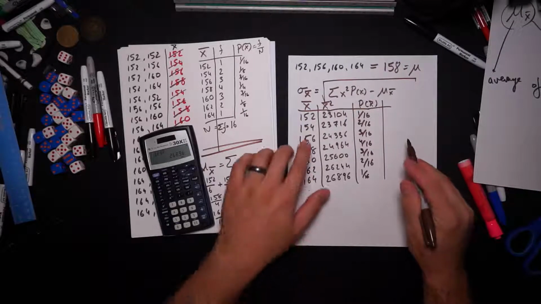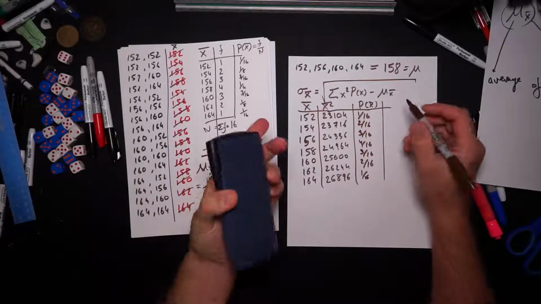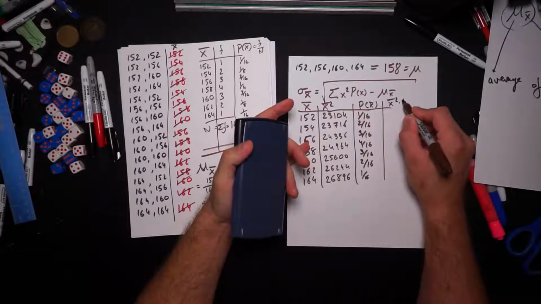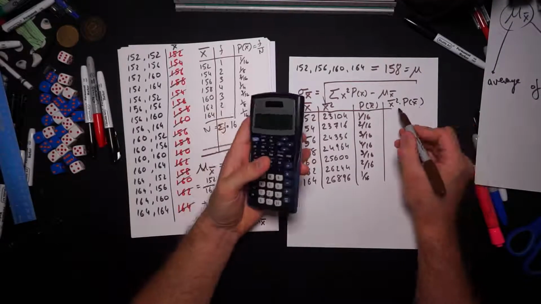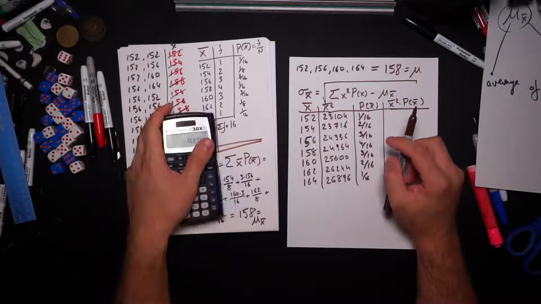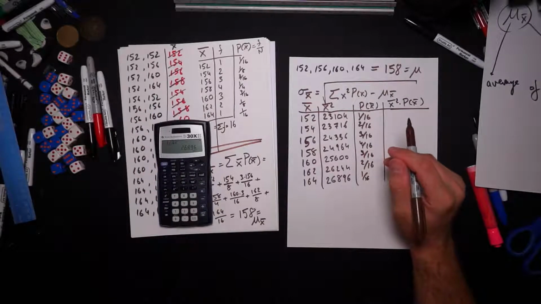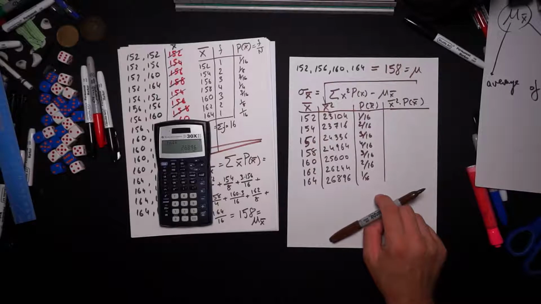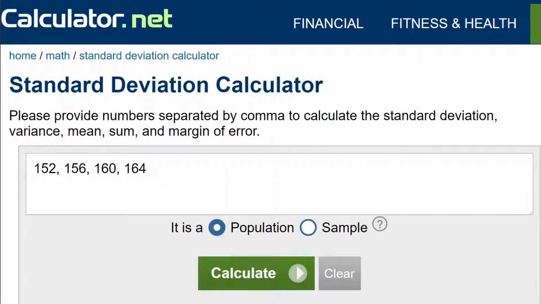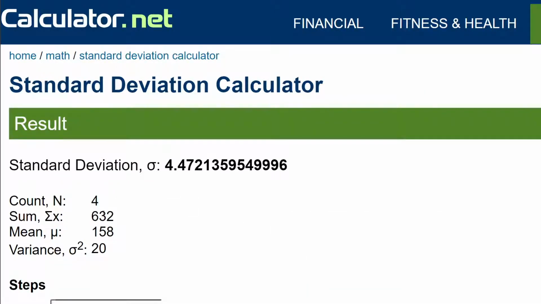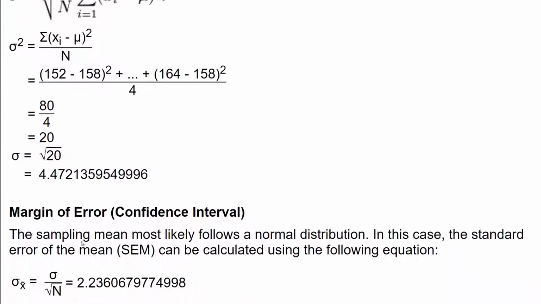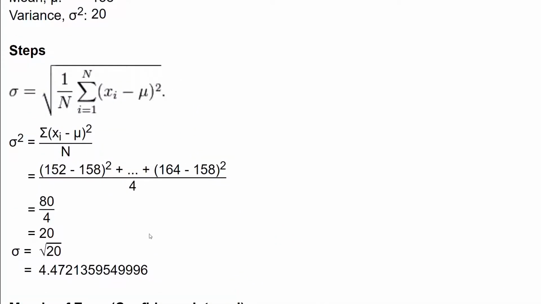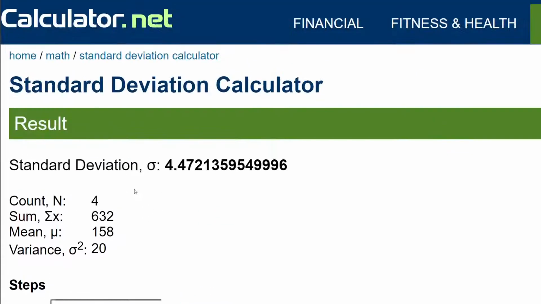All right, so let's multiply those out. This times this. So this is x bar squared times p of x bar. Now I know one could go into a calculator and just calculate, and there's the average, and there's the standard deviation of just those numbers.